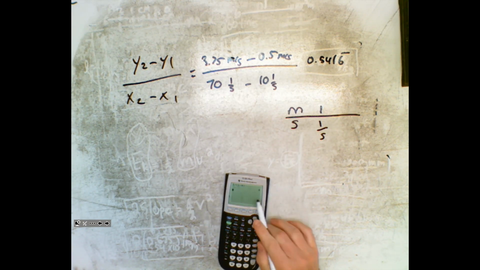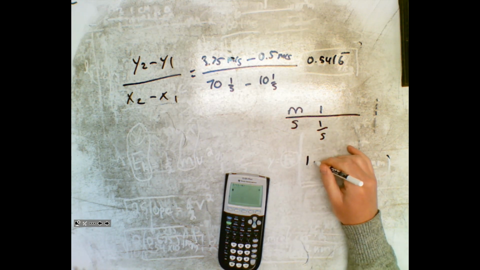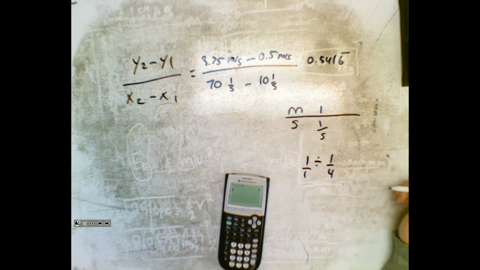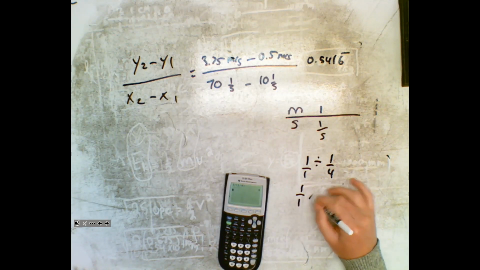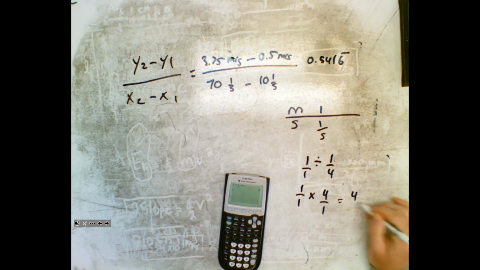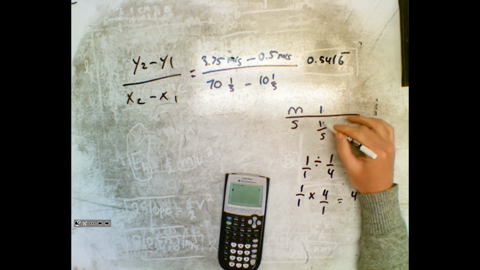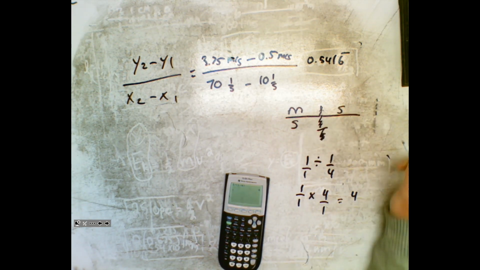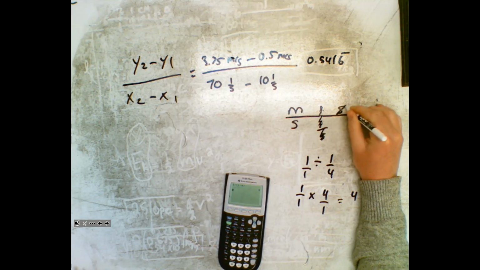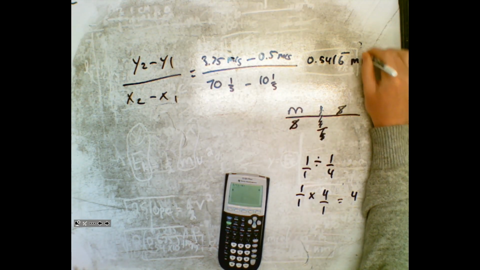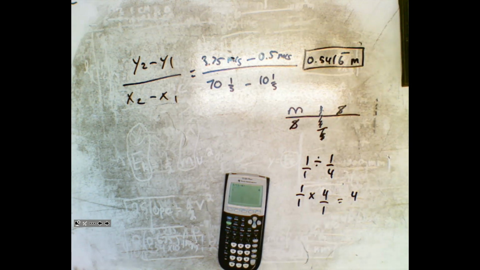Well, it just becomes 4, right? Because if you go 1 divided by 1 over 4, it's the same thing as multiplying the reciprocal. And if I multiplied the reciprocal, I'd get 4. So instead of writing 1 over seconds, I can cancel that out and move my seconds up top. And now I have a seconds up top and a seconds on the bottom, so those cancel out. So my units just become meters.